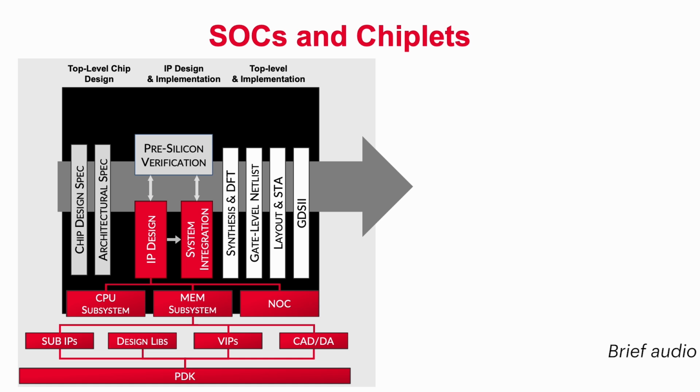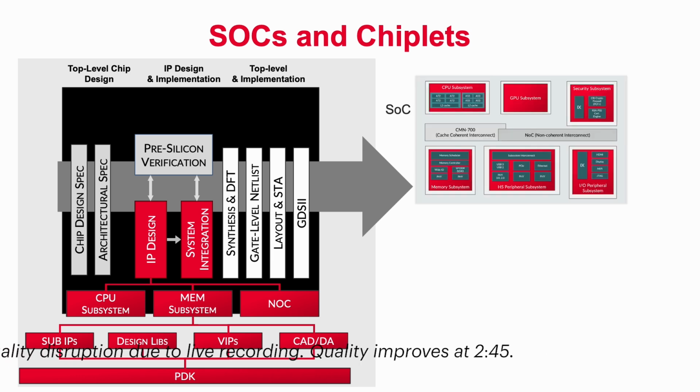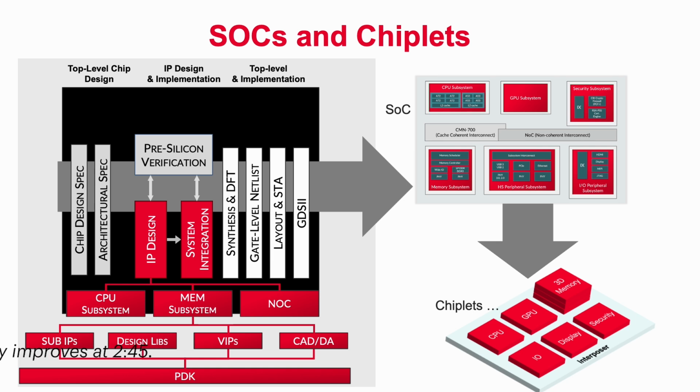Chiplets are smaller, they are more specialized for doing certain specific functions, and you can put them together, mix and match them, and get your optimal functionality. Besides modularity, they're also very cost effective, and the smaller a chip is, the less likely you are to have defects. I mean, you're going to have defects, but fewer defects.